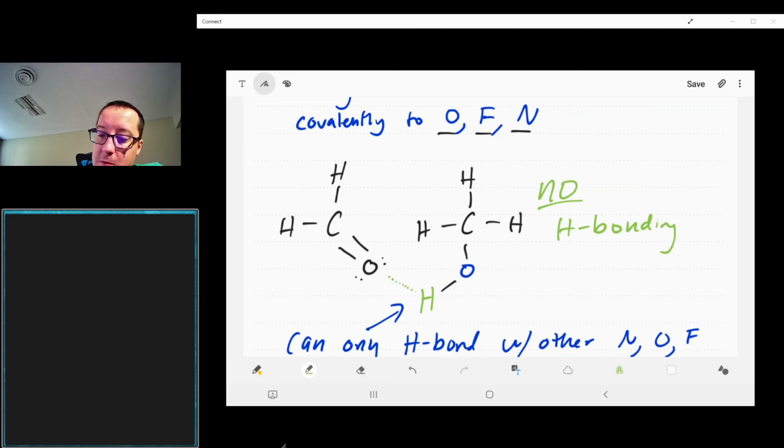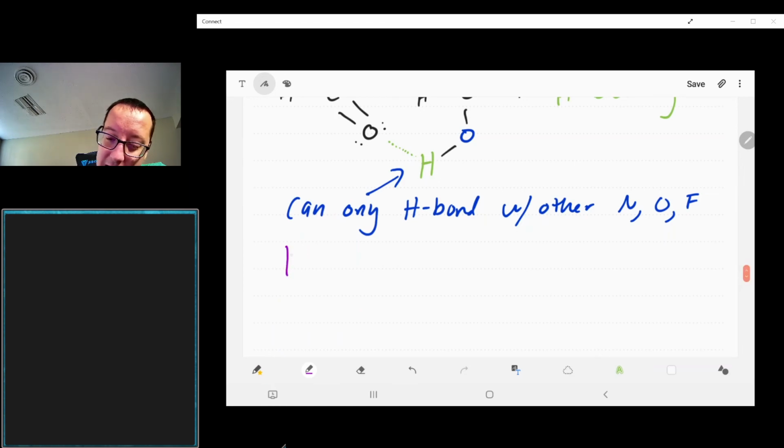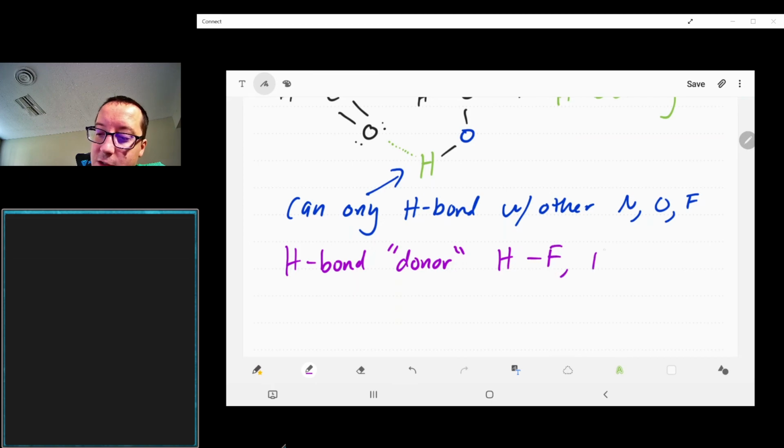All right, just again, I'm going to summarize. We can have a hydrogen bond donor, as we sometimes call it. That's the hydrogen on a fluorine, hydrogen on an oxygen, hydrogen on a nitrogen.